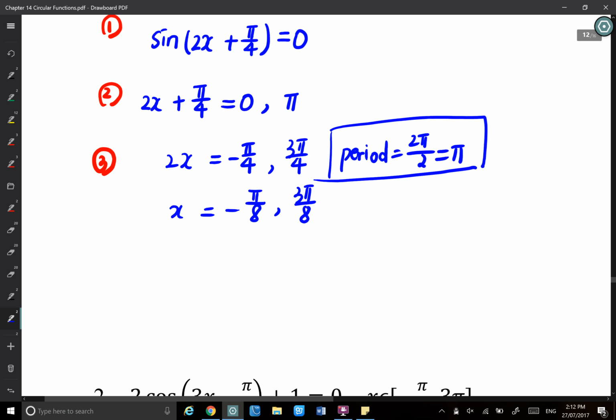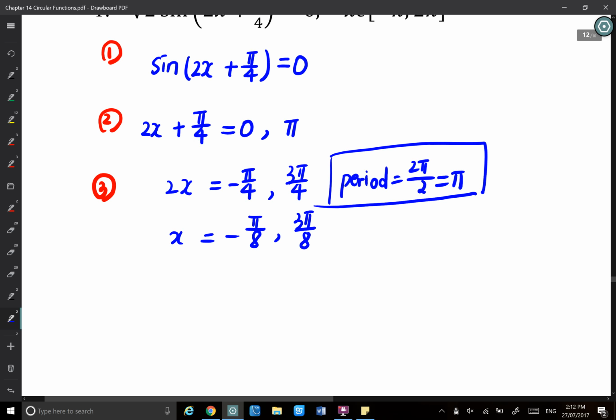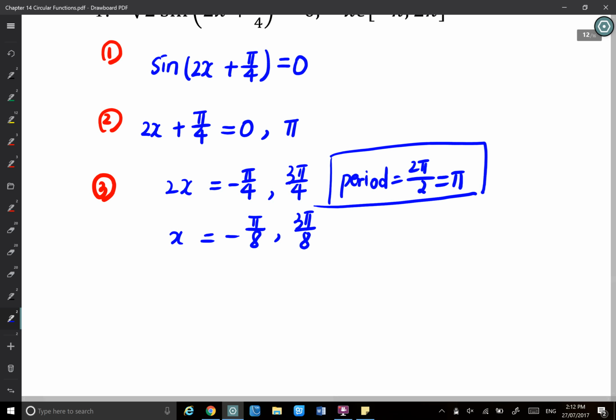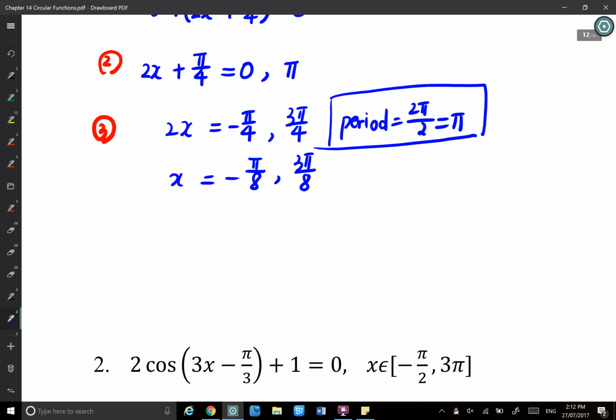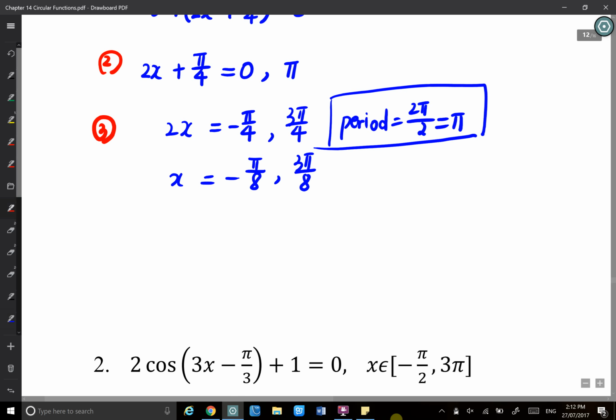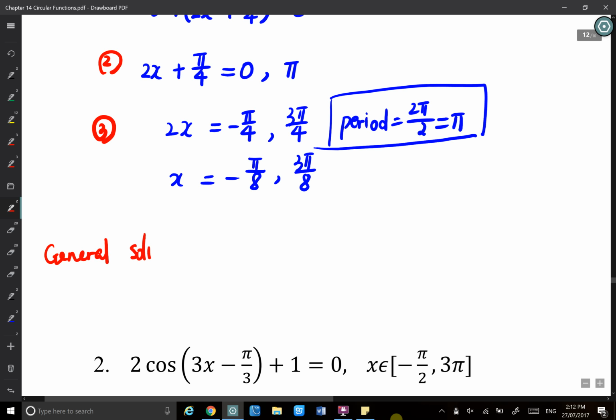Okay, so you have two separate answers. The next thing I want to combine together is called a general solution. Year 12, you need to know that. They use that a lot. General solution will be expressed in two equations.